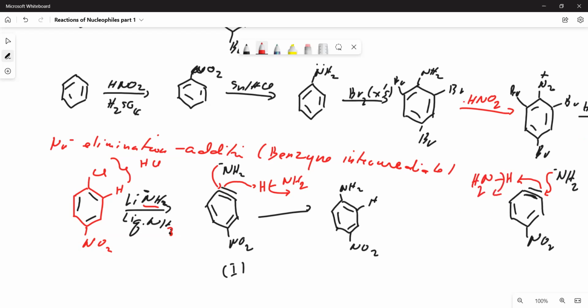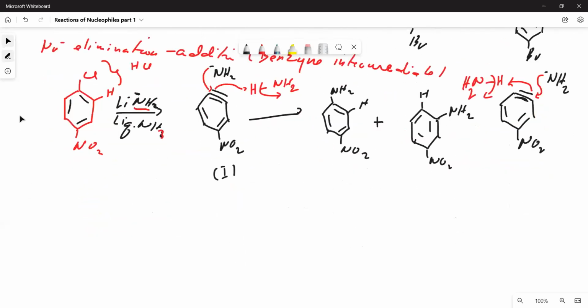So you will end up with another product, which is this one. You have the NH2 meta to NO2. Well, the first one is you have the NH2 para to the nitro. So you have two possible products. So you call this benzyne reaction. Okay, there. So those are important nucleophilic aromatic substitution reactions.